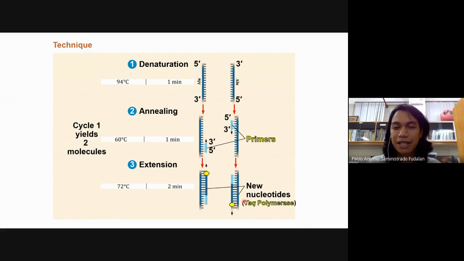Clue, it's a bacterium. It's a thermophilic bacterium. Thermus aquaticus, sir. That's correct. Thermus aquaticus.